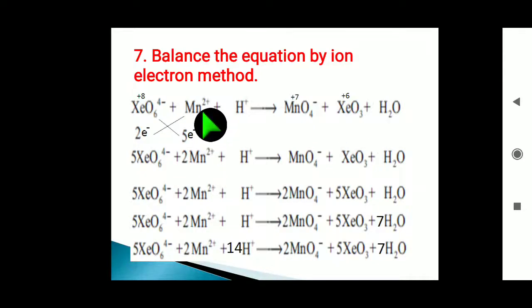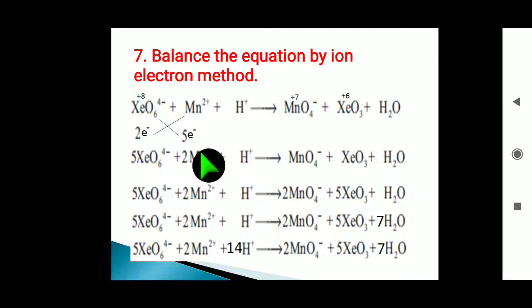Likewise the manganese, here Mn 2 plus, here Mn plus 7. 5 electron transfer. So below the manganese, 5 electron. First we have to find how many electrons are transferring for manganese and xenon. That electron we have to mention here, by which we can balance the equation.